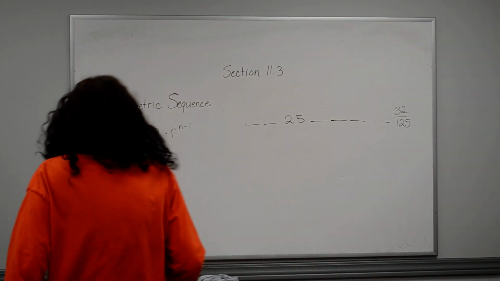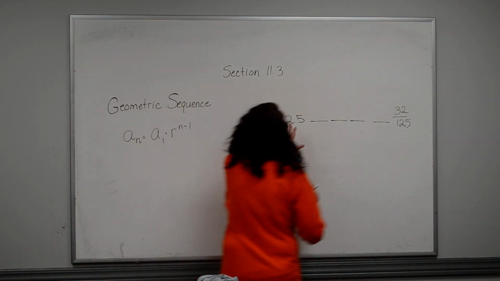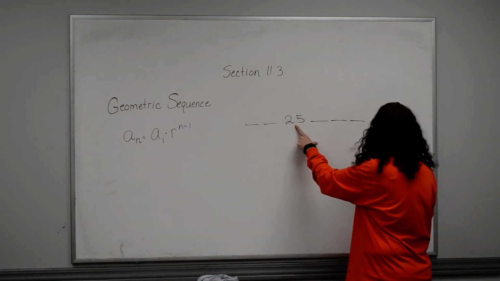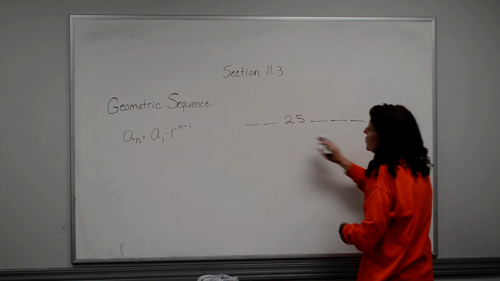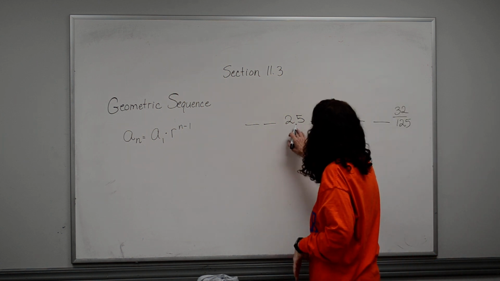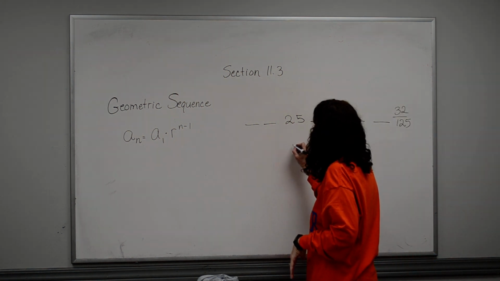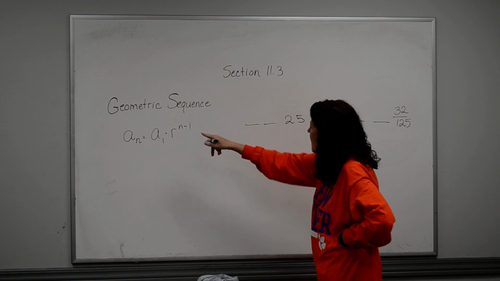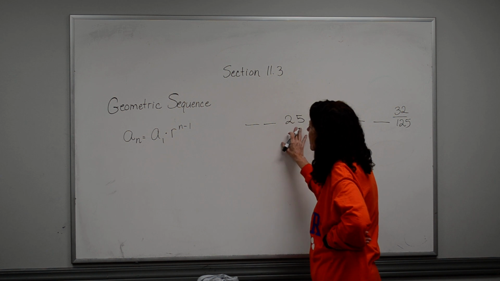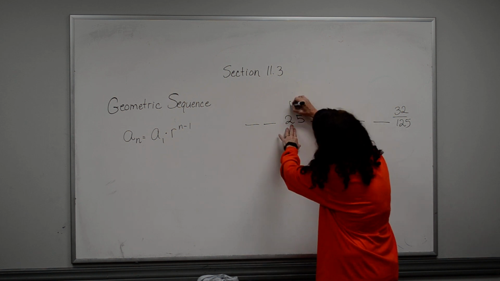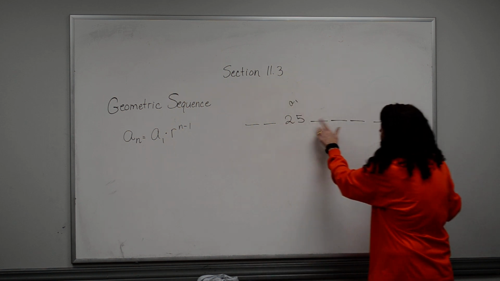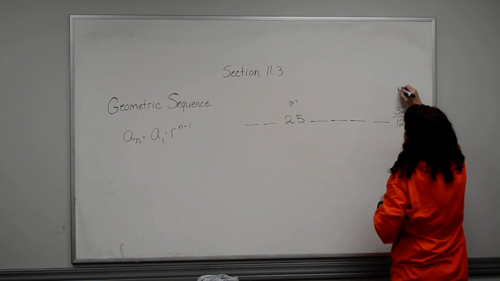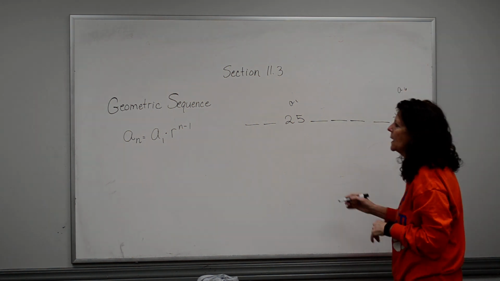Okay, so I know a sub 3, and I know this. You could work backwards and find, but we don't know the common ratio. So we'll treat this as a sub 1, 2, 3, 4, 5, 6. This would be a sub 6. Those are the 2 that we know.